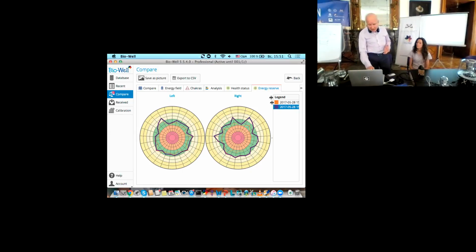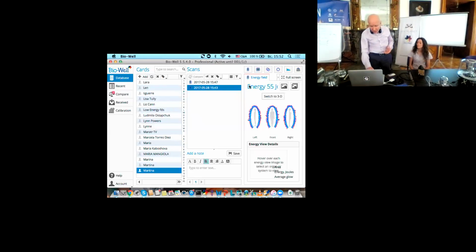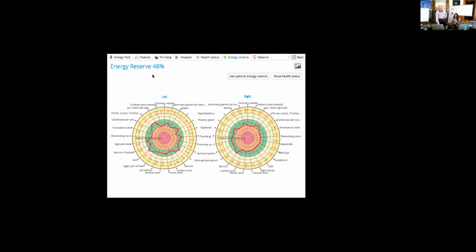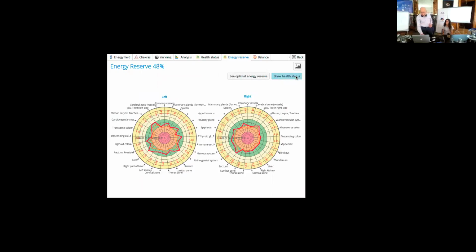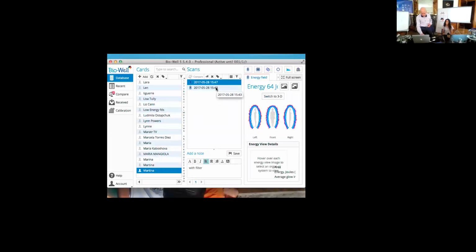And in this case, we see that in both cases, energy reserve is in a good range. Health diagram is in a good range as well. So if we compare, for example, without filter, energy reserve is 48%.